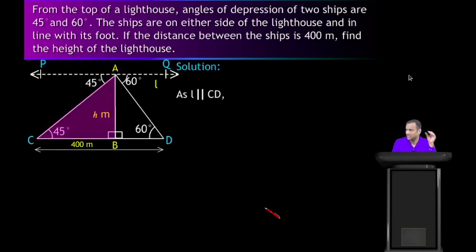Now the angles are alternate, so this 45 is equal to this angle and this 60 is equal to this angle. So now we will take triangle ABC and find the value.